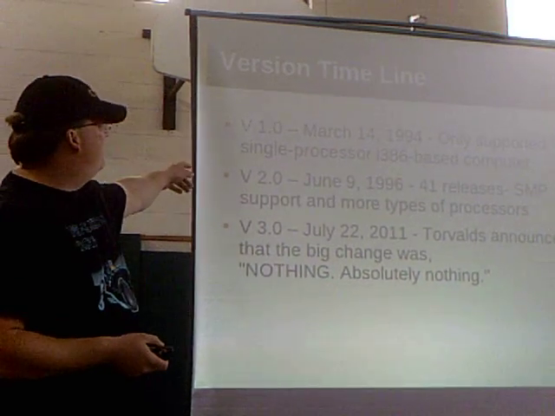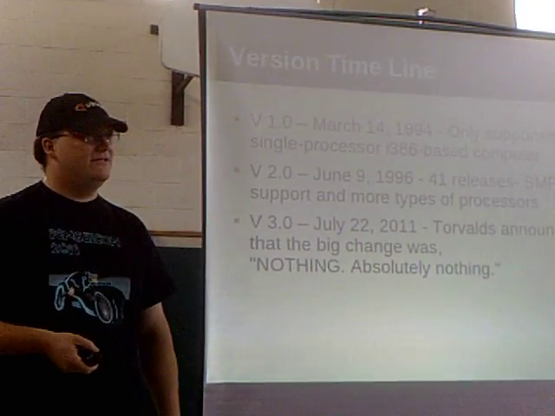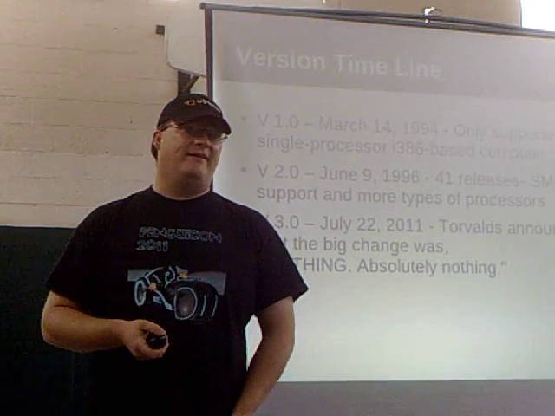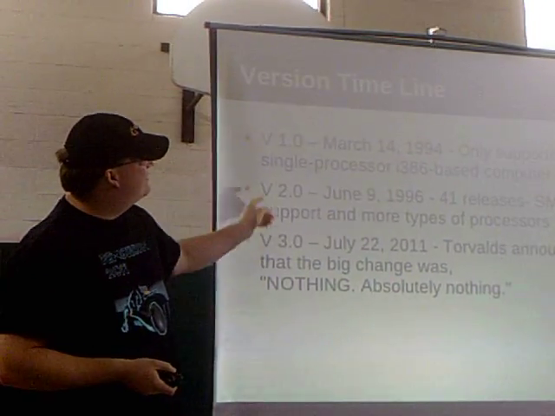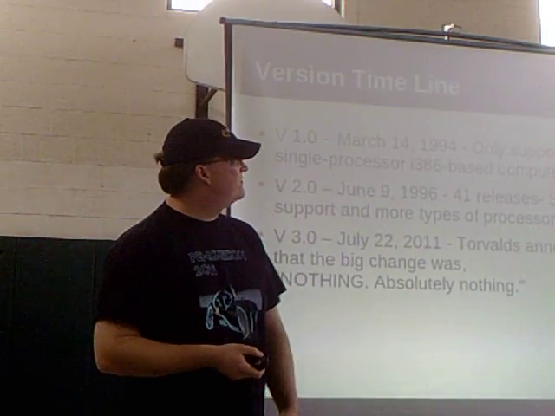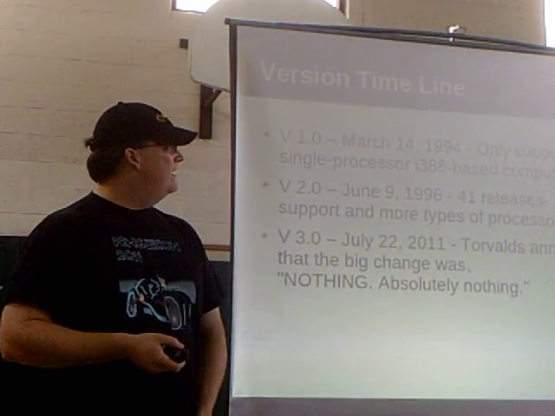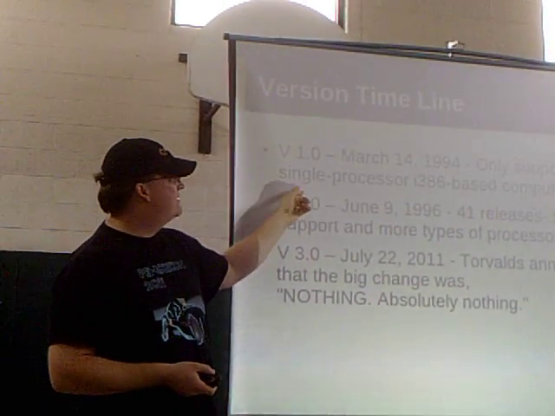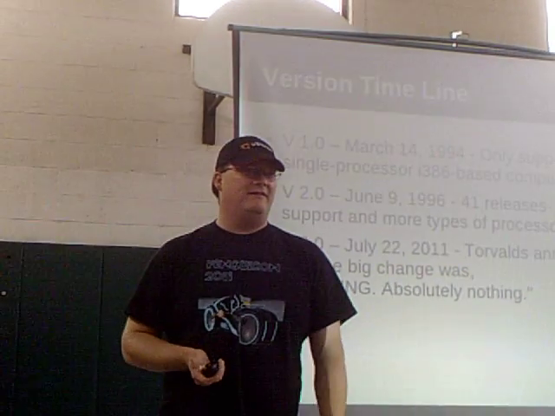In version 1, at his university, he got over 100 developers working on it, and on March 14th, '94 they came out with version 1.0. Version 1.0 only supported the single processor i386.